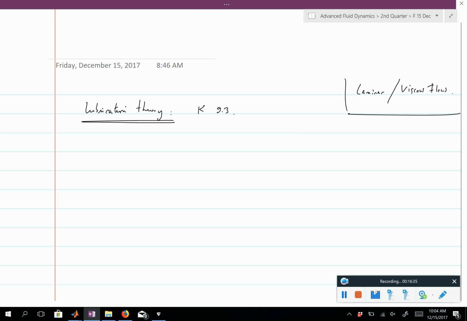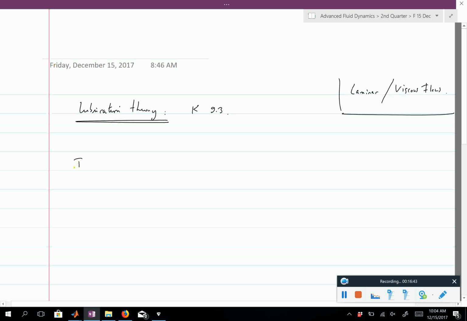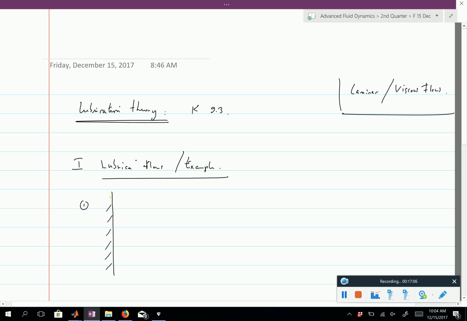That also has to do with the geometry of the flow, and this is when you have a thin film. So, lubrication. What is the lubrication geometry? An example. You have seen lubrication flows before. The first example is if you have a wall and you paint your wall.